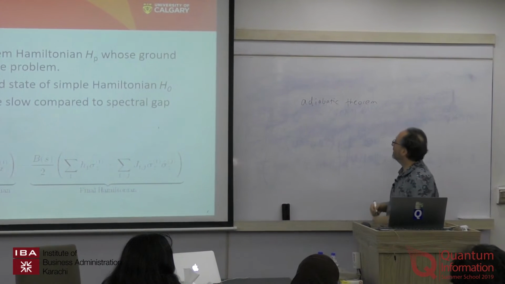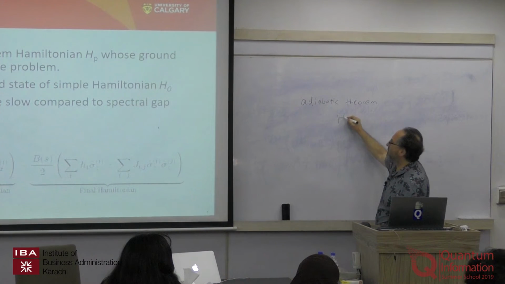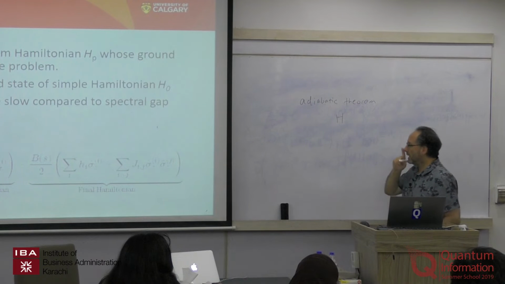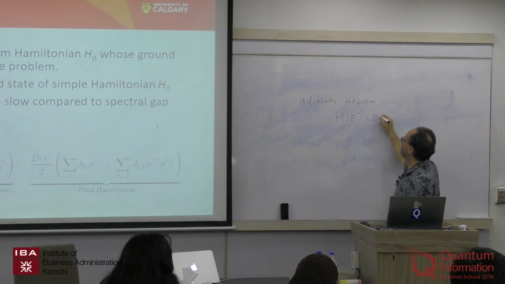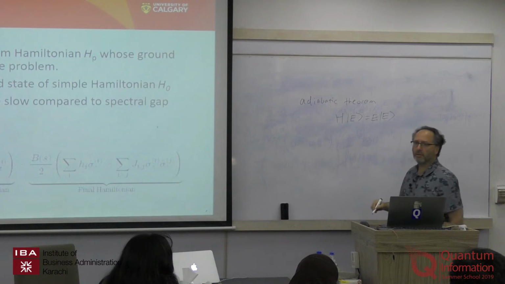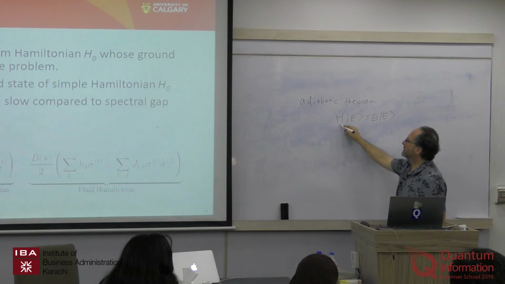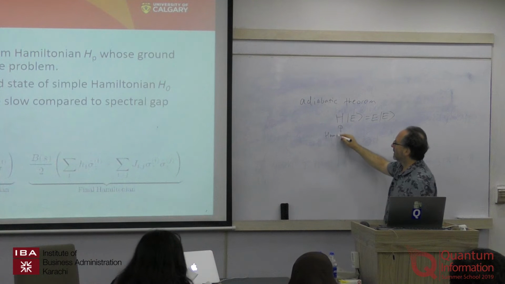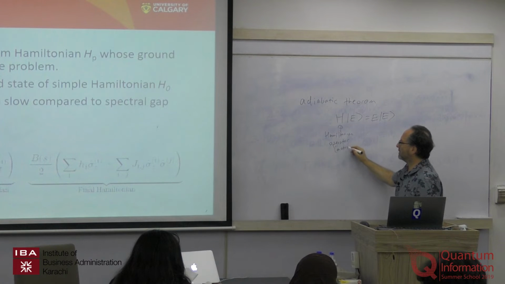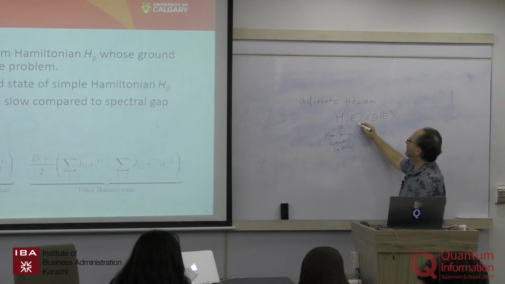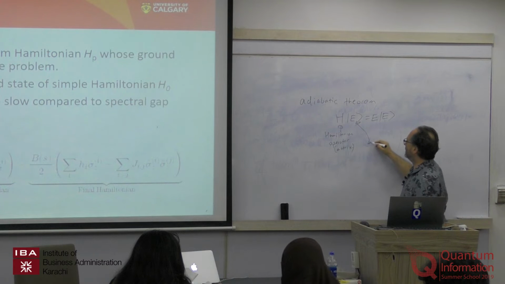We remember that the Hamiltonian H has eigenstates. So I'm just going to write down the following. The idea here is that this is the Hamiltonian operator, and the operator can be written as a matrix. And then this is an eigenstate.